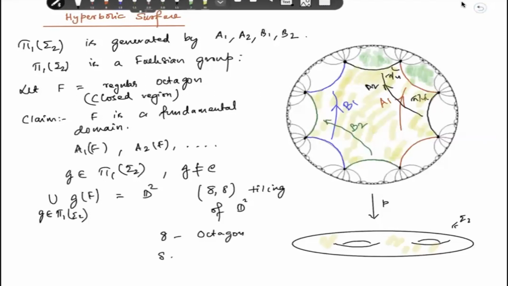And the second coordinate 8 represents the following thing. If I take any vertex of this octagon, you can see that 8 geodesics are emerging from this point.